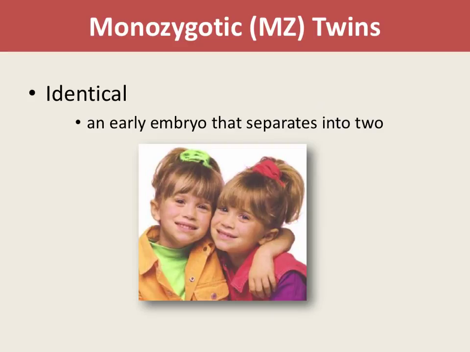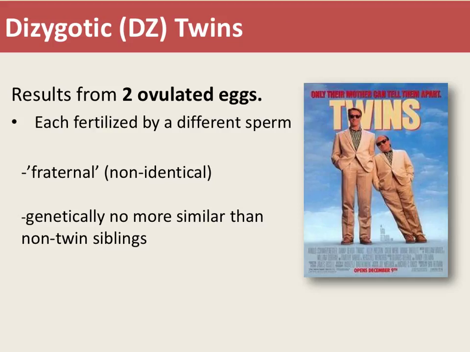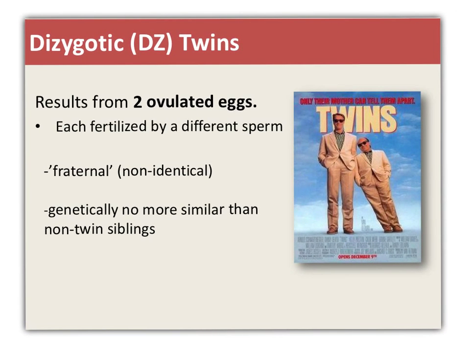Once they emerge into the environment after being born, they're subject to different environmental pressures, and there are epigenetic modifications that can happen comparing one to another. Dizygotic twins are just like fraternal twins or your brother and your sister. Full sibs, 2 ovulated eggs, each fertilized by a different sperm. They're no more genetically similar than any non-twin siblings.